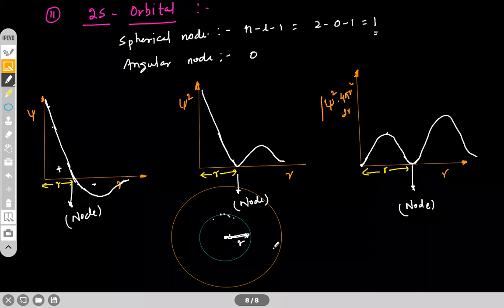So at this distance, we have a spherical surface where the probability is 0. This is the nodal surface. Did you get my point? Yes, that is what it means.